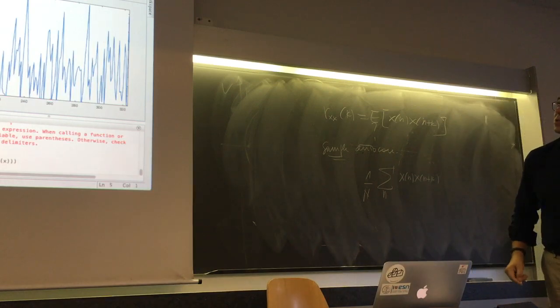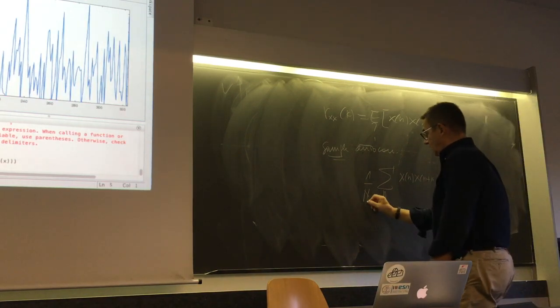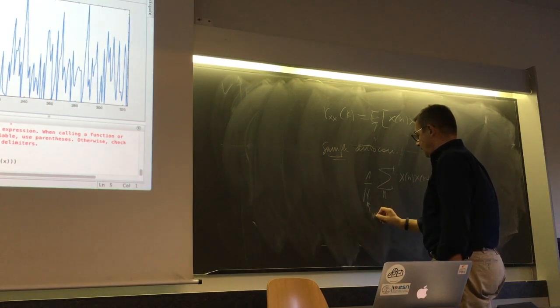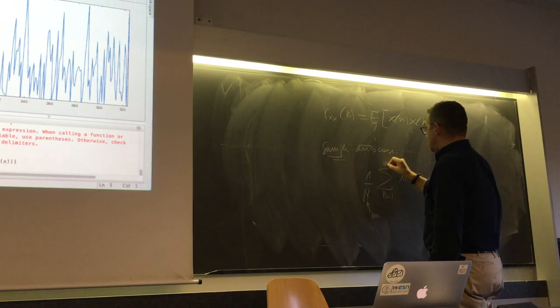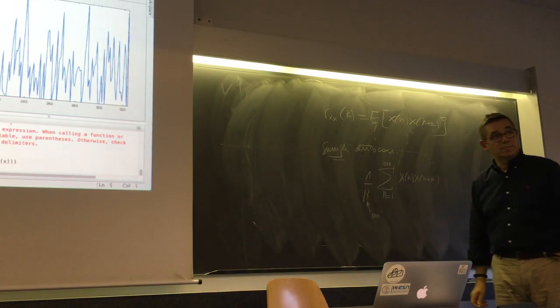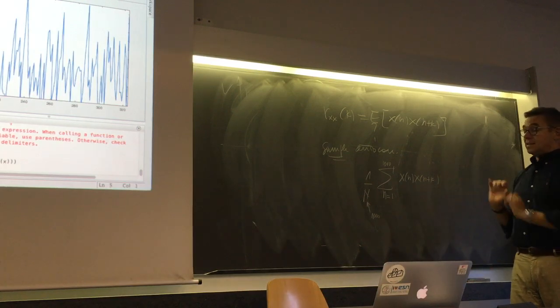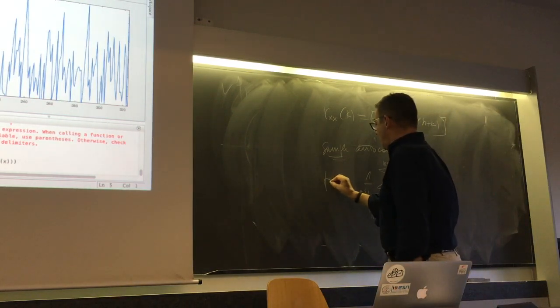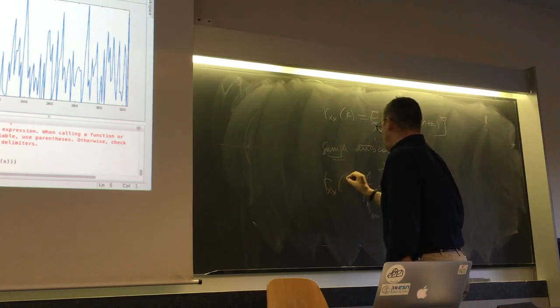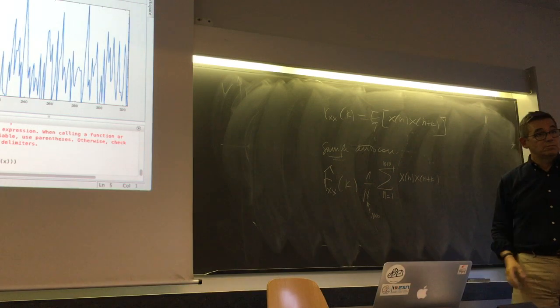The number of samples is 1,000, and the index n goes from 1 to 1,000. So this is the sample autocorrelation, my best estimate of the autocorrelation.